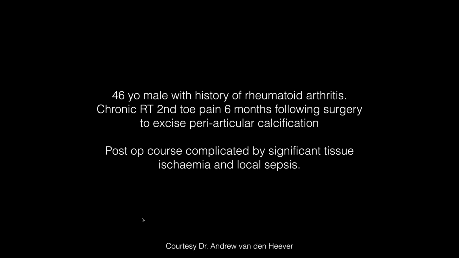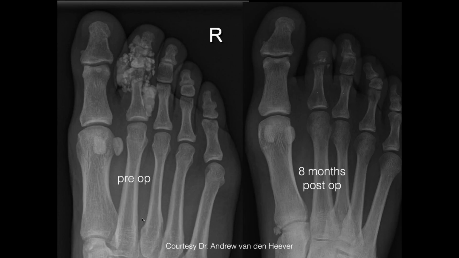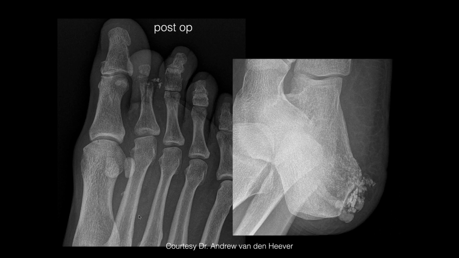46-year-old male with history of rheumatoid arthritis, chronic right second toe pain for 6 months following surgery, excised periarticular calcification, post-op course complicated by significant tissue ischemia and local sepsis. All right, so pre-op versus post-op, we can see a lot of soft tissue calcification within the pre-op film surrounding the second digit. In the post-op, you can see that a lot of it has been resected. I think they also resected the middle phalanx.